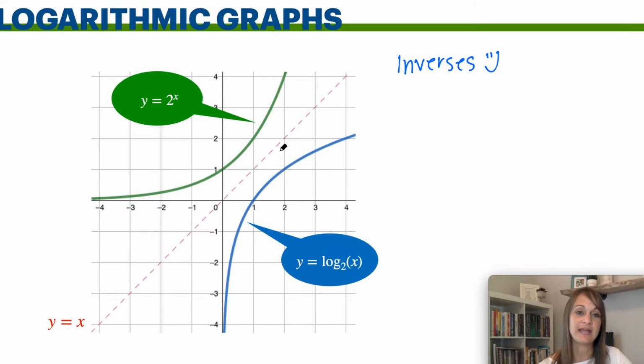So if you think about a diagonal reflection, these are inverses of each other. Where this graph crosses at 0, 1, this graph crosses at 1, 0. The x and the y flip-flop each other.